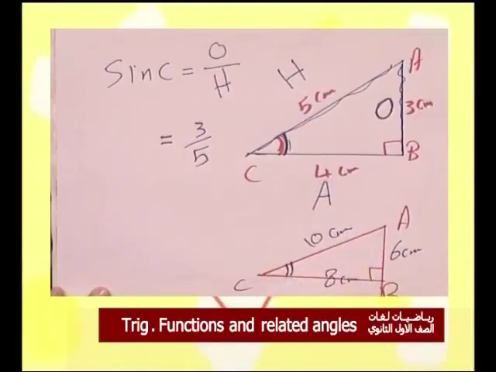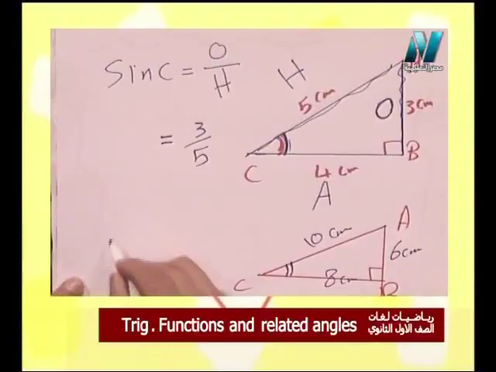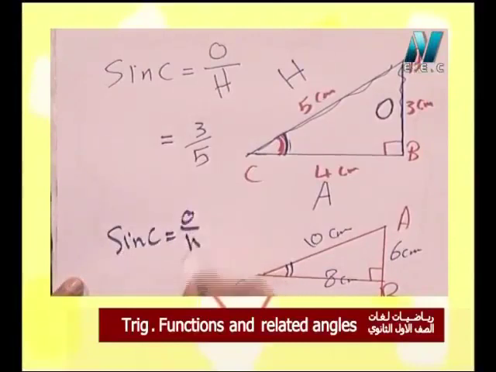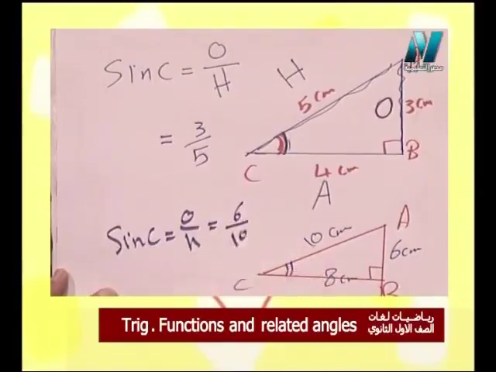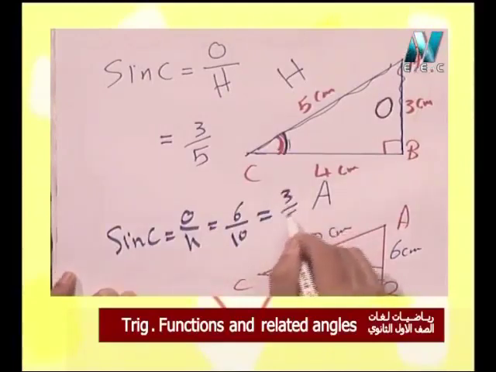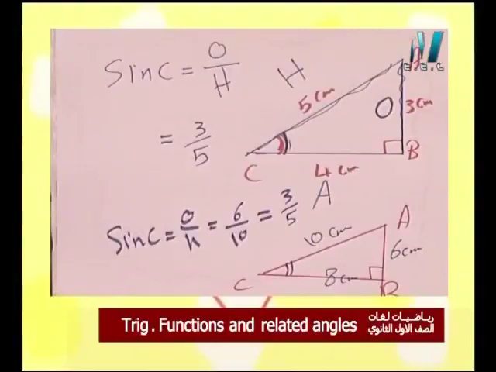If we try to find sine C here, it's O over H, the opposite over the hypotenuse, equals 6 over 10. We find out that the answer will be 3 over 5. It is the same answer as the triangle before.